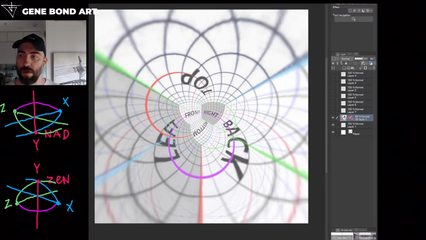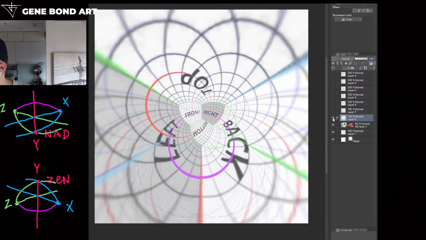Okay. Now we have circles again. So these circles, like I was saying, are because we have the camera rotated 45 angle to this space. So actually the 90-degree axes look like 45 here.